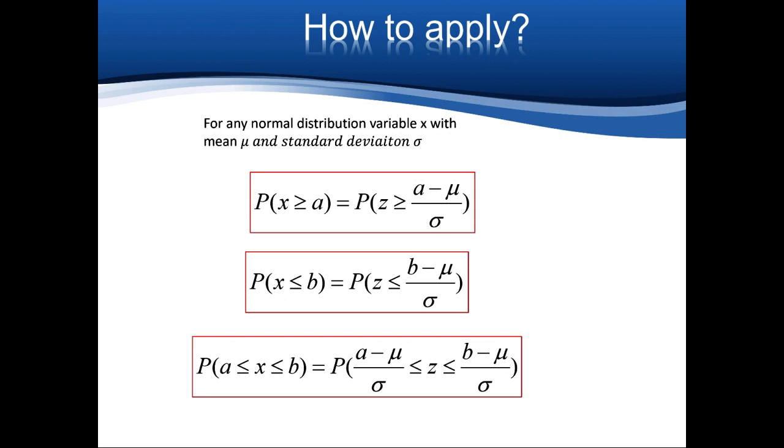That is, each side minus the mean mu, and divided by the standard deviation sigma. Then please watch the next video to see how to use the z-table for different cases.